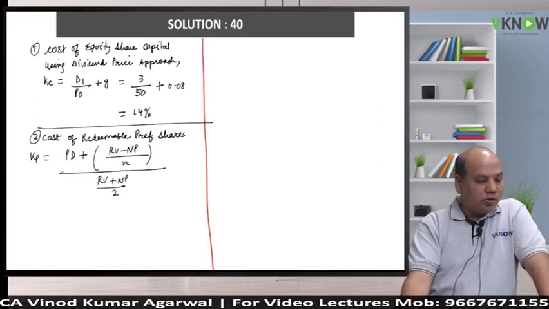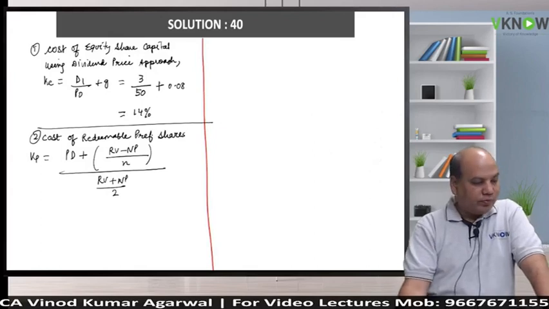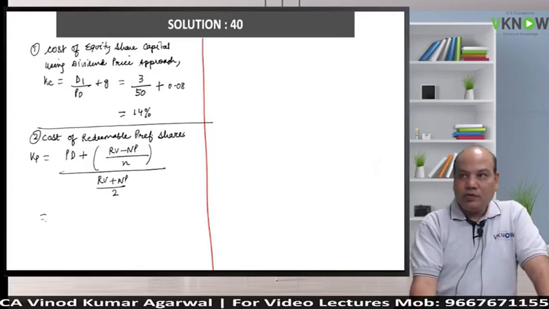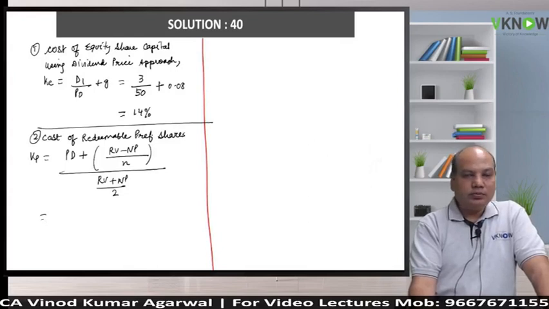RV means redemption value, NP means net proceed. If net proceed is not given, we can use the current market price. How much is preference dividend? Give me the answer.